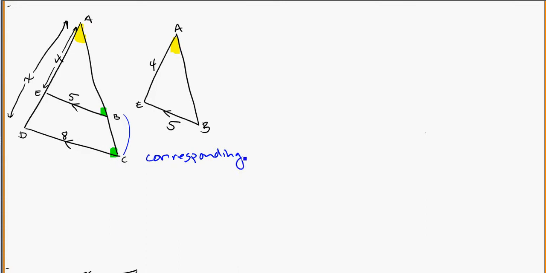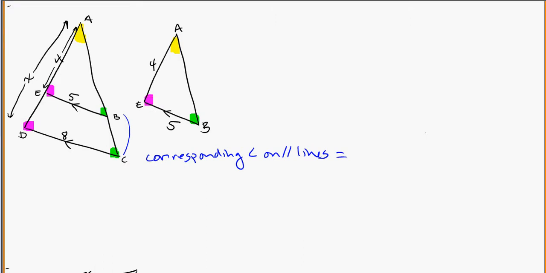And as we know, corresponding angles on parallel lines are equal. So we do, in fact, end up with this angle here, C, being the exact same as the angle there, B. And likewise, this bottom angle, D, is also the corresponding angle to E. So those angles are exactly the same.